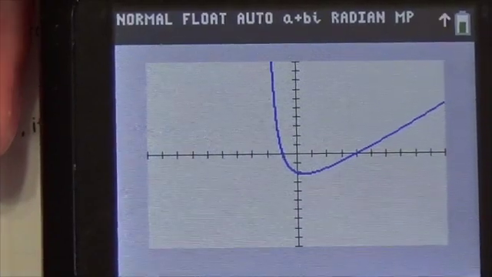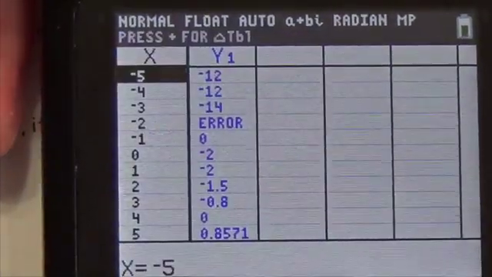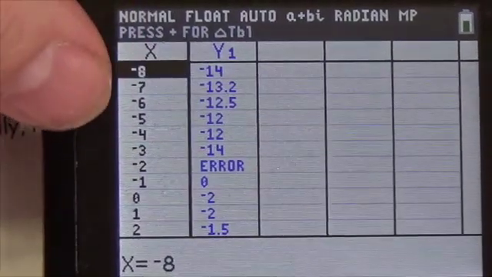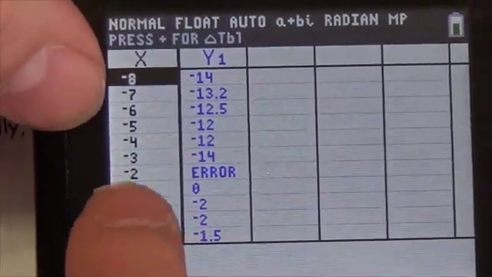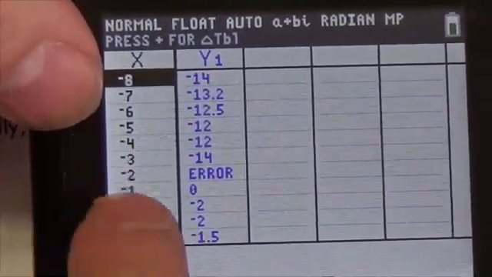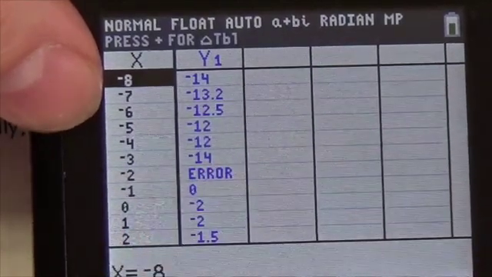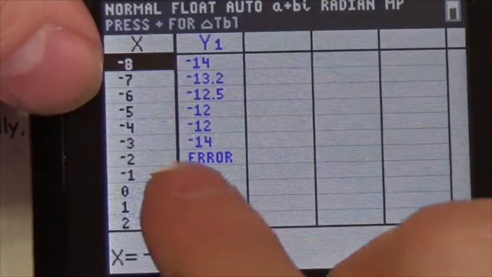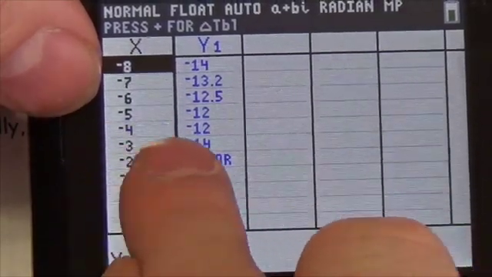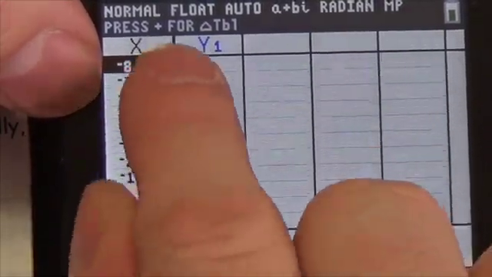So what I'm going to do is go to my table settings, and I'm going to go down here, and okay, take a quick look. When I go into the negative x coordinates, at -3 I've got -14. Well, that's below my screen. Then as I go further back here, it goes up to -12, and then it starts to drop down again.